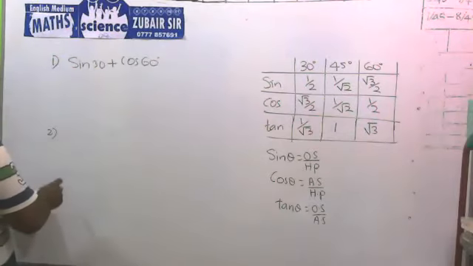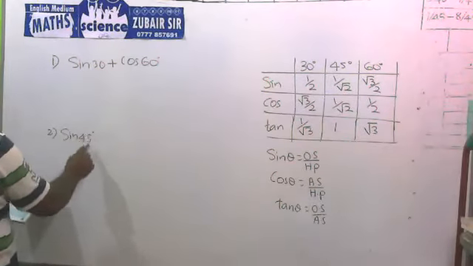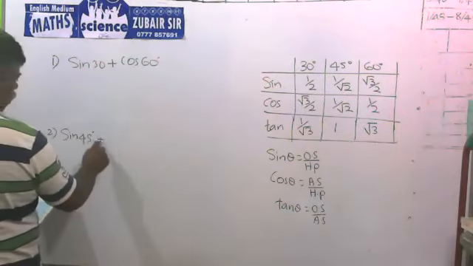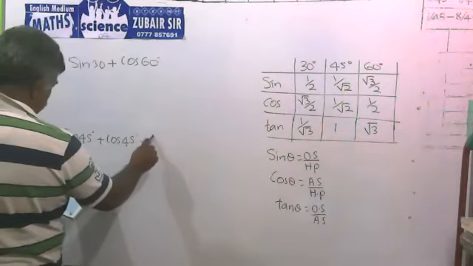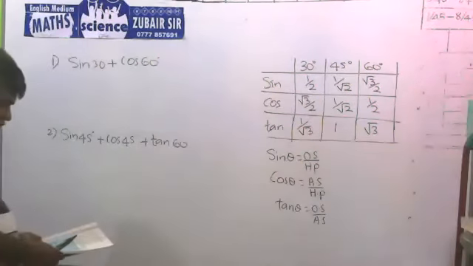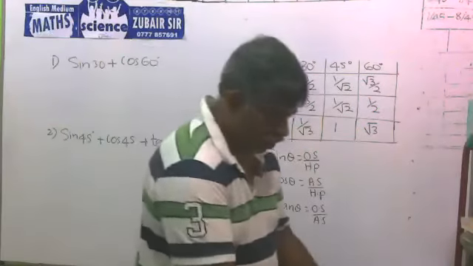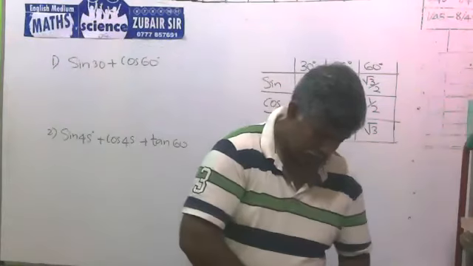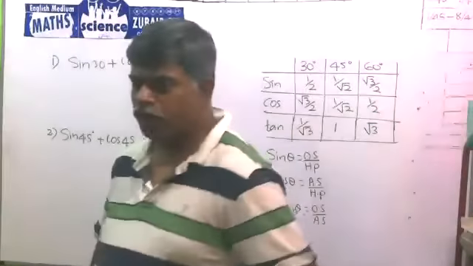Second one, sin 45 plus cos 45 plus tan 60. So find the values of this. Directly substitute the value.